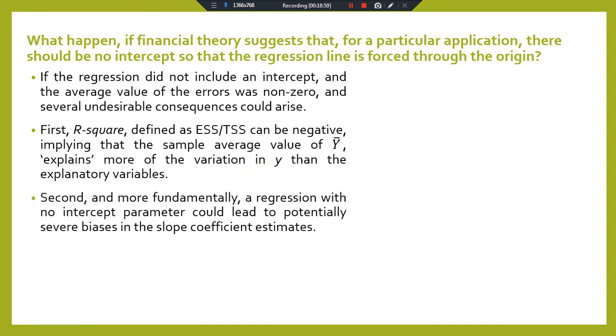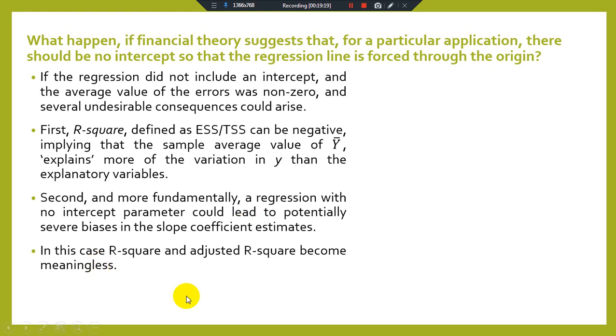Okay, second and more fundamental, a regression model with no intercept parameter could lead to potentially severe bias in the slope coefficient. So in this case our estimated slope becomes invalid. If the estimated slope coefficient is invalid or full of bias, then R square and adjusted R square become meaningless.